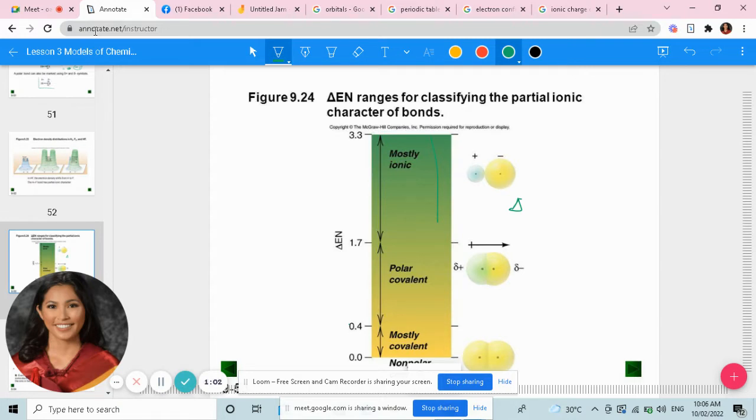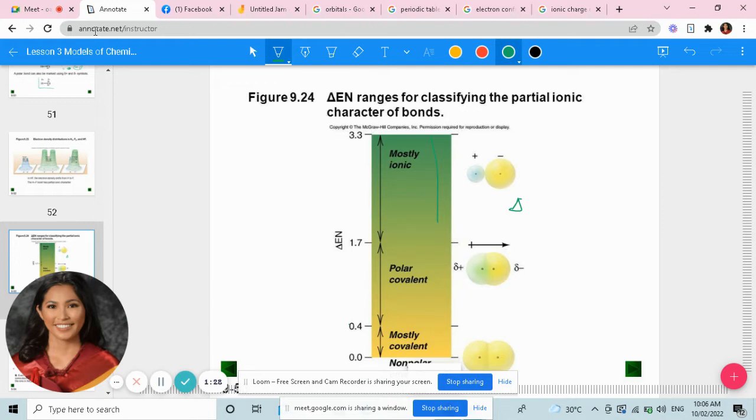Now, in your periodic table also, you can see the electronegativity value of each atom or each element. So you subtract them. Now, when you subtract, depending on the range, you can identify if it is polar or non-polar.